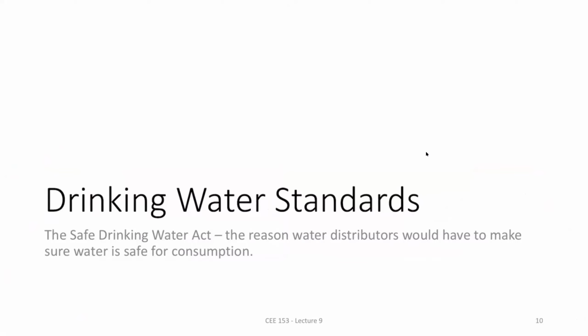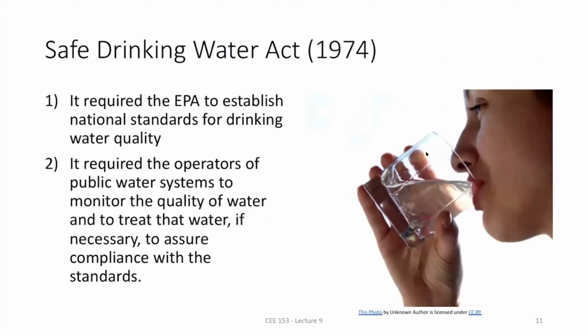The actual lead concentration standard is near zero because it's a carcinogen, so no amount is safe. You have to have guidance on how much lead you should have in water at maximum. So that brings us to how do we know what is safe drinking water, what is the safe level?